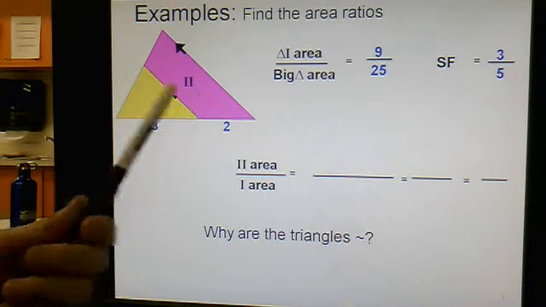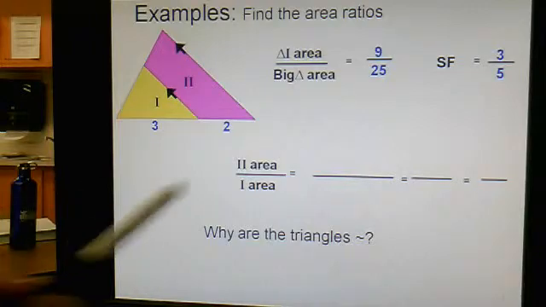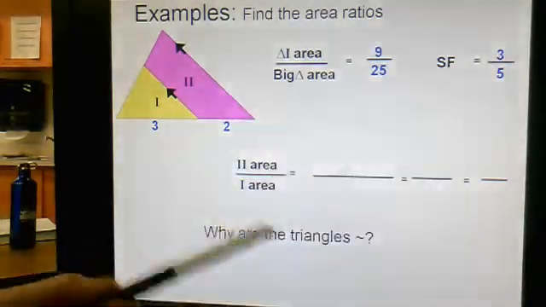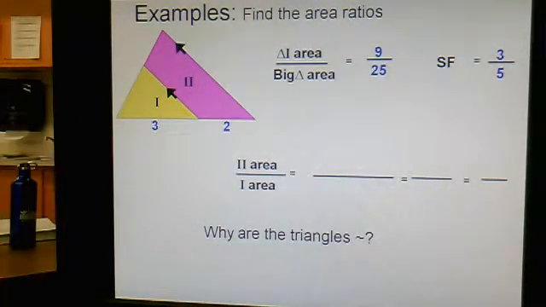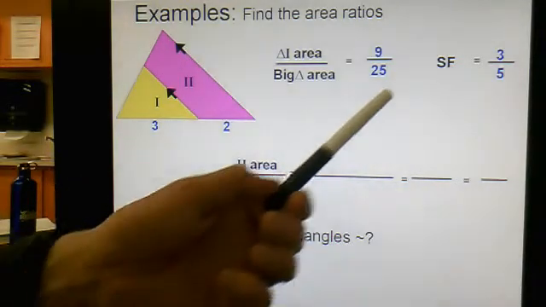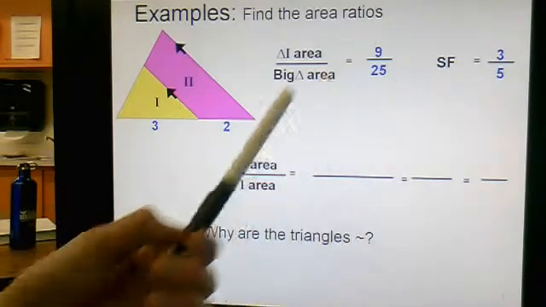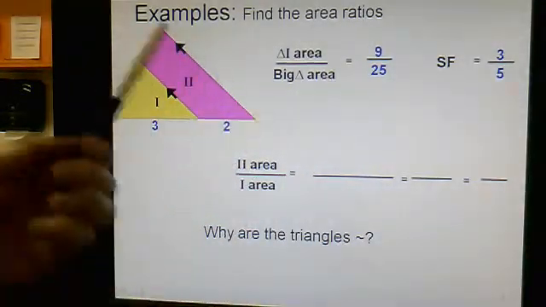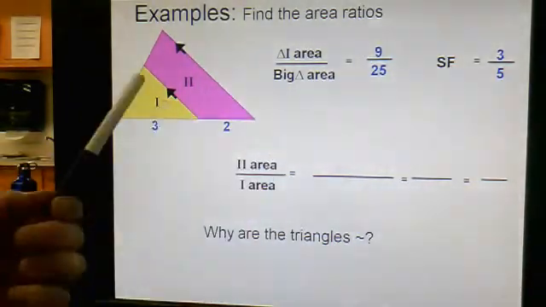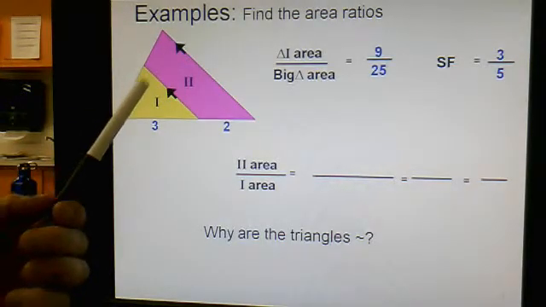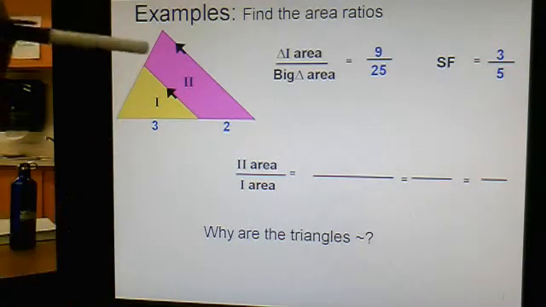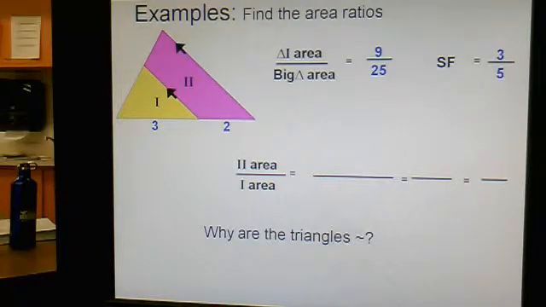So area 2 is going to be compared to area 1 on the second one here. You're no longer using similarity because you've got a trapezoid compared to a triangle. You're using the area addition postulate. Think of these as actual areas for a minute. If this entire space was 25, and this one's 9, how much would that leave for area 2?